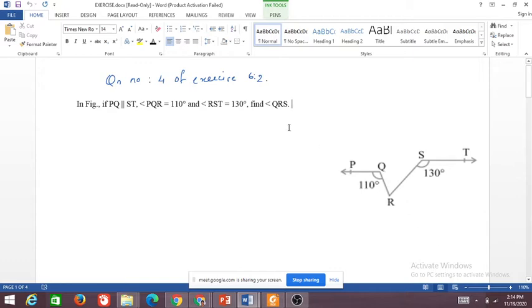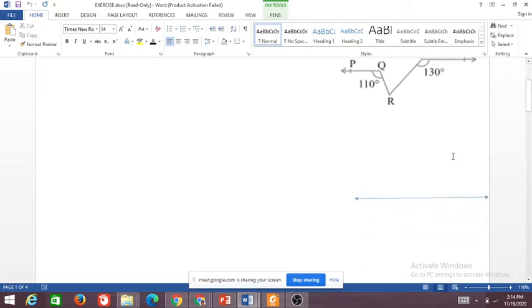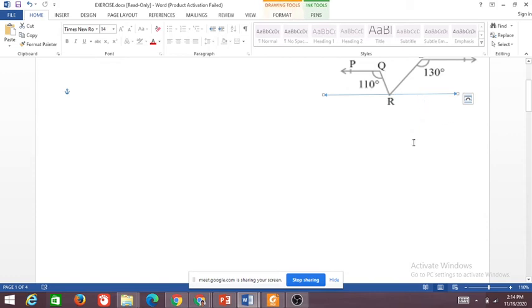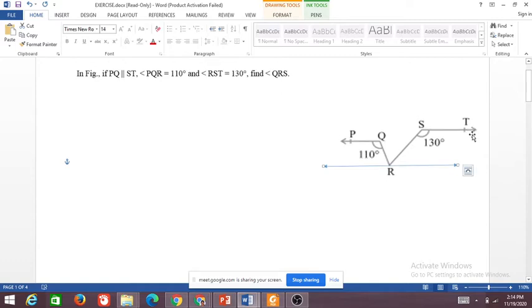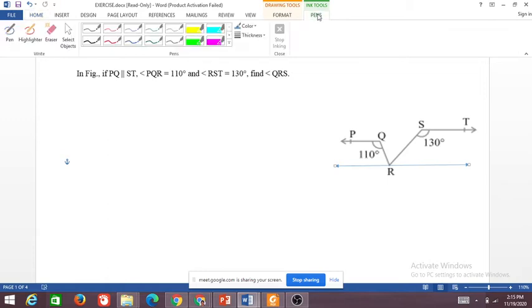Let me take a line and put it parallel to ST, passing through the point R. Now it is parallel to ST and it is passing through the point R. Okay, now continue, Ramya. How will you find it?